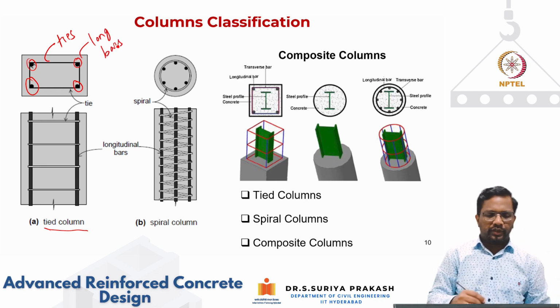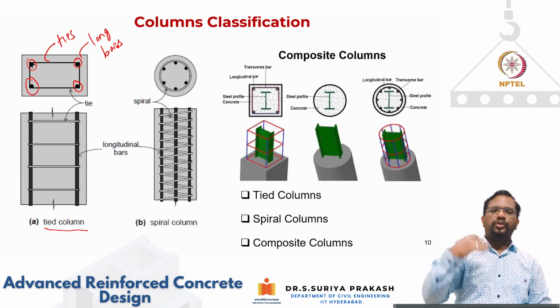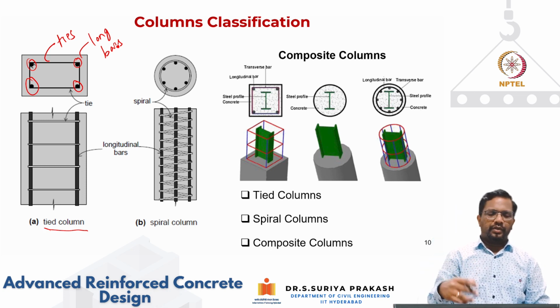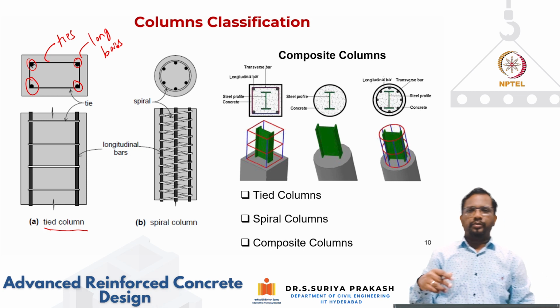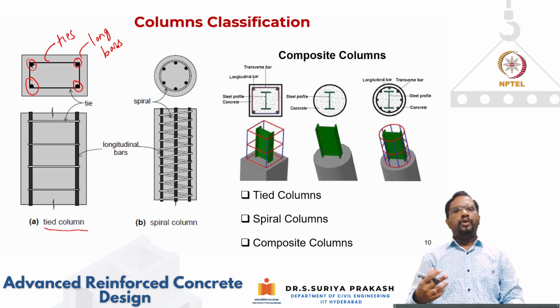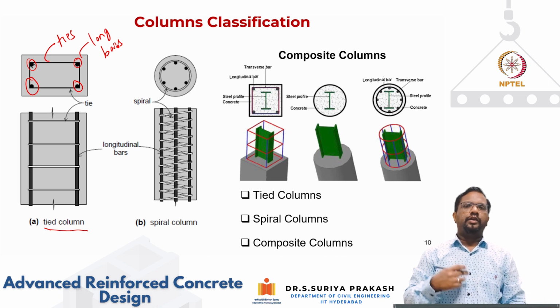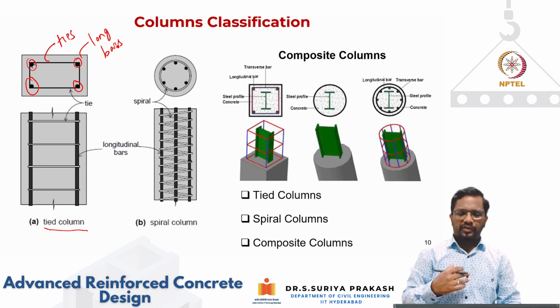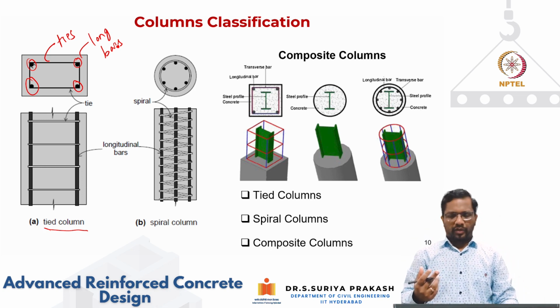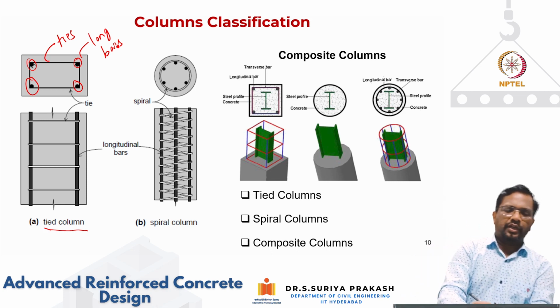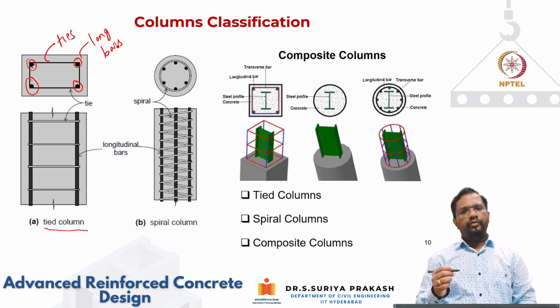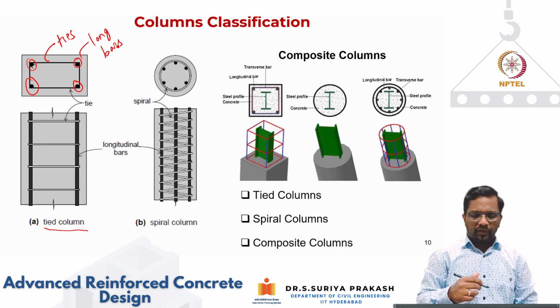You can see here that ties are put at certain spacing to keep the longitudinal bars in position, and also to reduce the effective length of the longitudinal bar. If I put closer spacing of these ties, then the bar will not buckle, and also the ties play a major role in providing shear resistance to the columns.